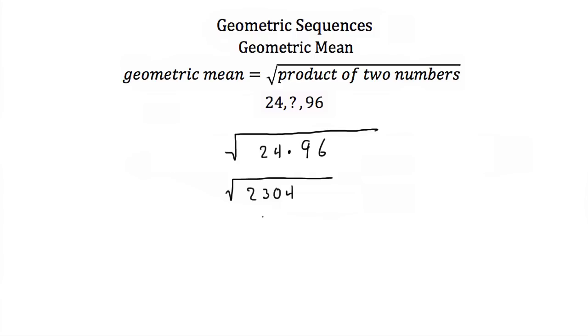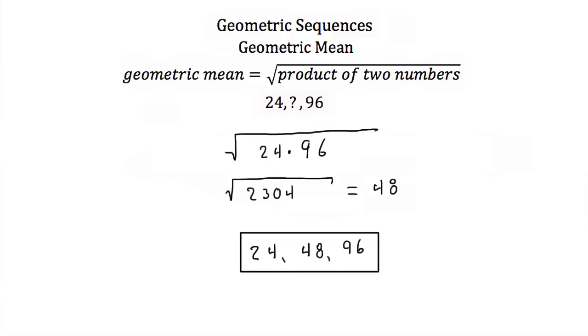If you take the square root of 2,304, you'll get 48. So our sequence then would be 24, 48, and 96. So that's how you can use the geometric mean to find missing terms in a geometric sequence.